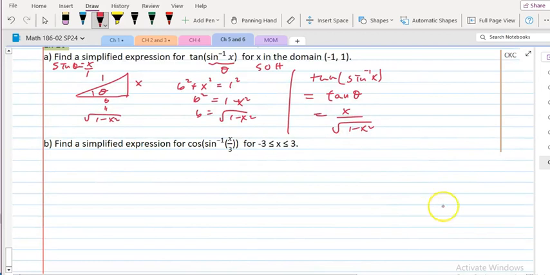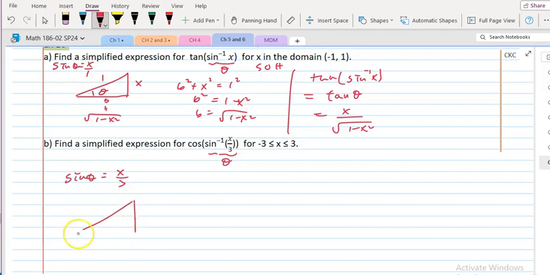Find the expression for cosine of sine inverse of x over 3. So again, this is theta. That means sine theta is equal to x over 3. Use this to draw a right triangle of x over 3 because SOH, right? Okay, so I need to solve for b again.